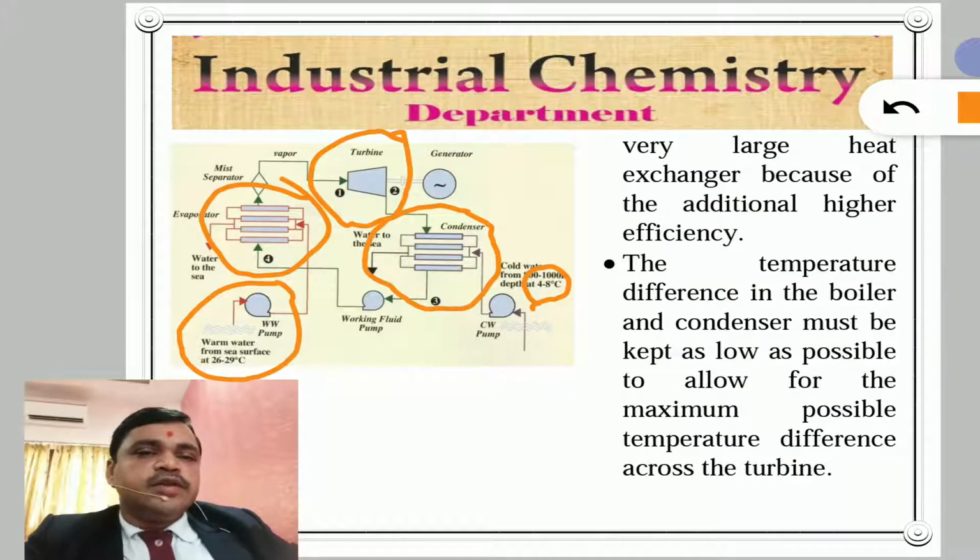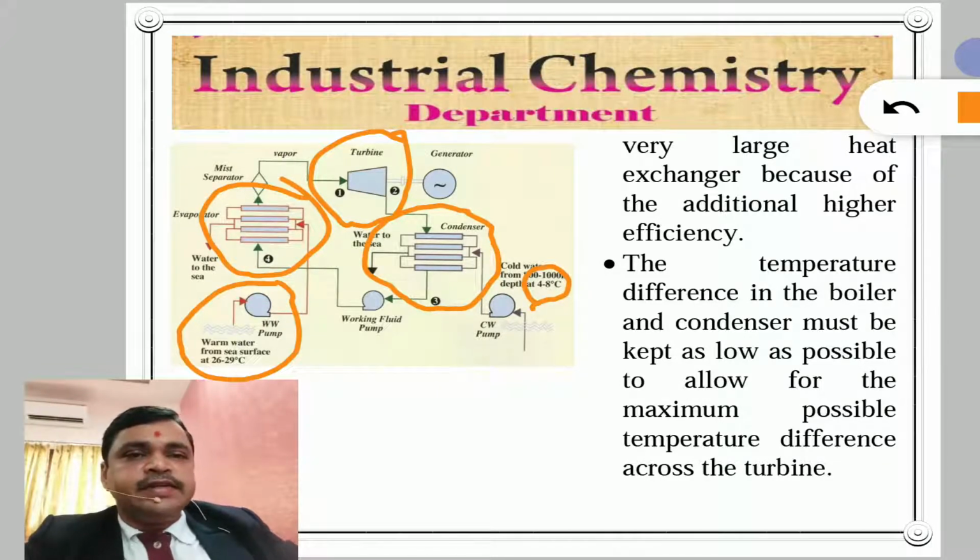According to some experiments and reading, the depth is 1000 meters. So between the surface water and the water at a depth of 1000 meters, the ocean has a temperature difference.